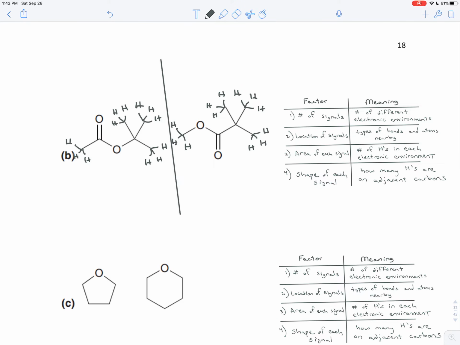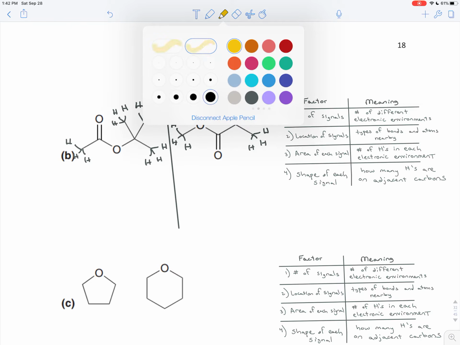Okay, and a line just to separate these two molecules in our minds. So the molecule on the left, first you have these hydrogens.